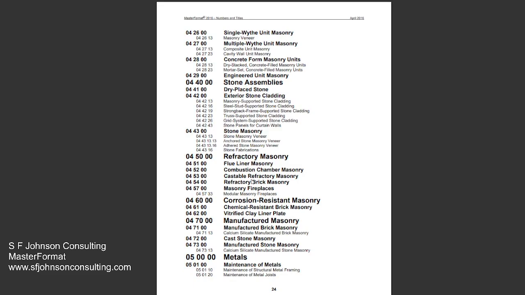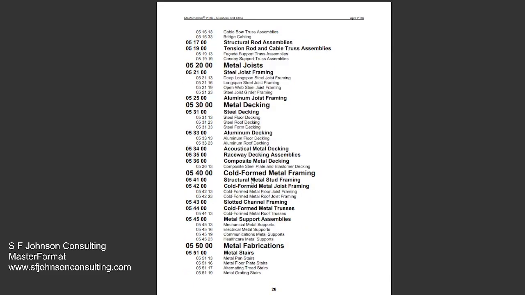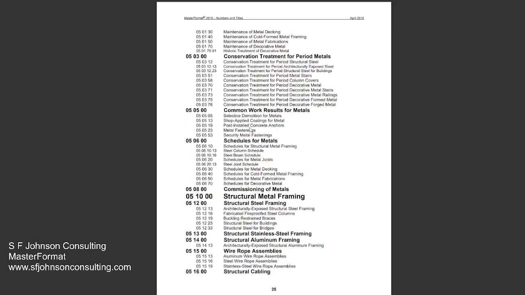Okay, so with the specifications, the first thing you do if you're going to prepare an estimate, if you are doing framing, for instance, is look in two of the divisions. If it's metal framing and wood framing, then you have to look in the metals division, which is 05 00 00, for metal framing of whatever type.